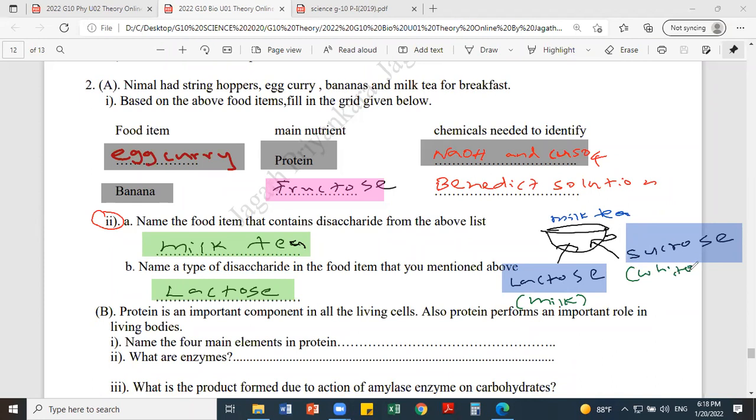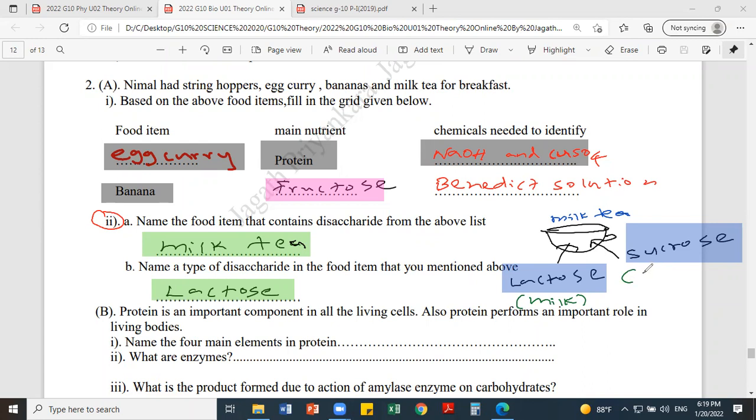So if you are drinking milk tea after eating string hoppers or bread, no wonder the people in Asian countries get diabetes. Why? Bread is also carbohydrate. After that you drink milk tea, and after that if you are eating ice cream, all this carbohydrate, too much sugar, the body cannot handle that high level of glucose, simple sugars.